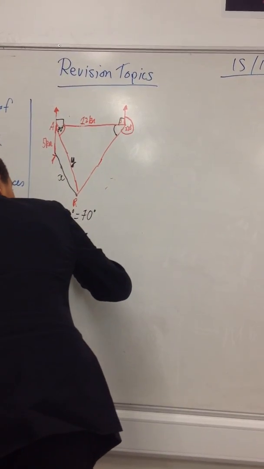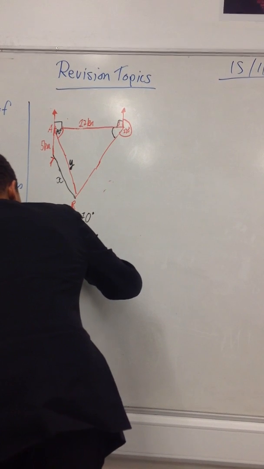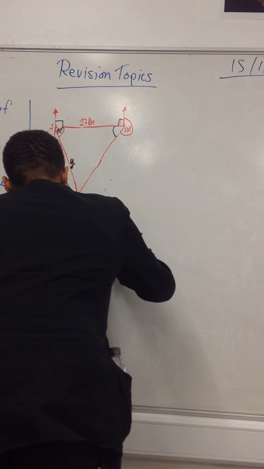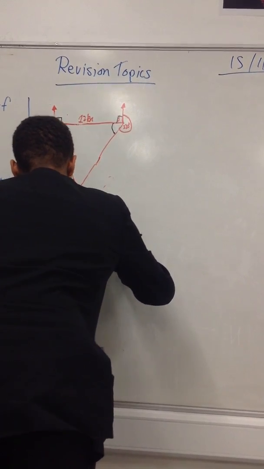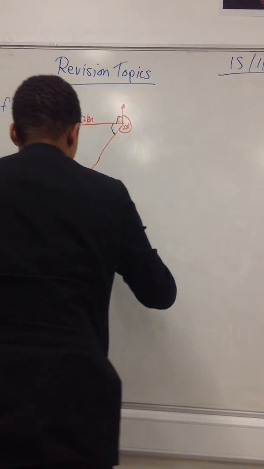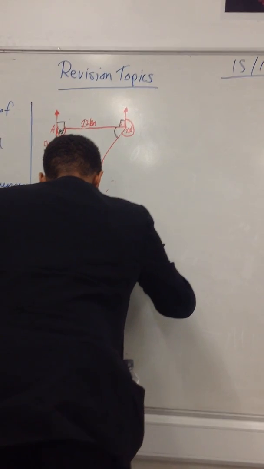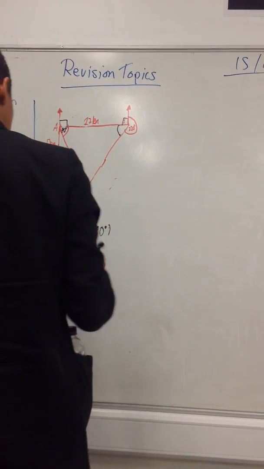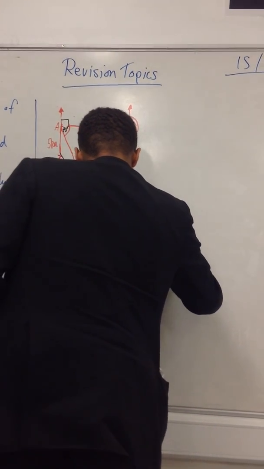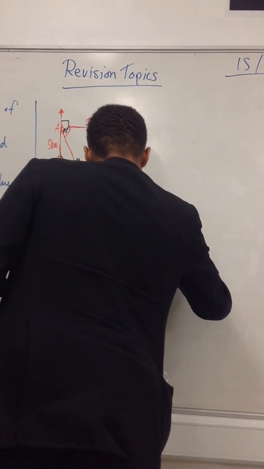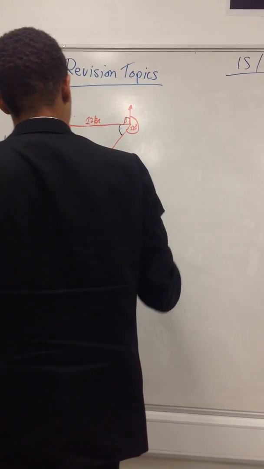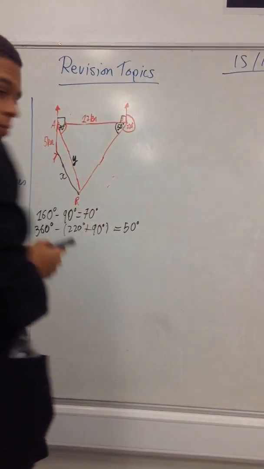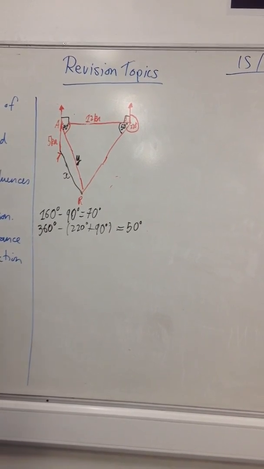So that angle equals 360 minus 220 add 90, and that leaves you with 50 degrees there.